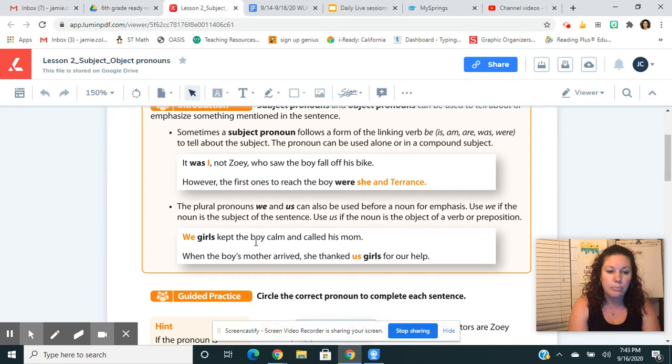They're trying to keep him calm while they called his mom, so we use the word we. In this sentence, when the boy's mother arrived, she thanked us girls for our help, us is used because the noun is the object of a verb or preposition. Thanked is the verb here, and because it's linked to the verb thanked, we use us.